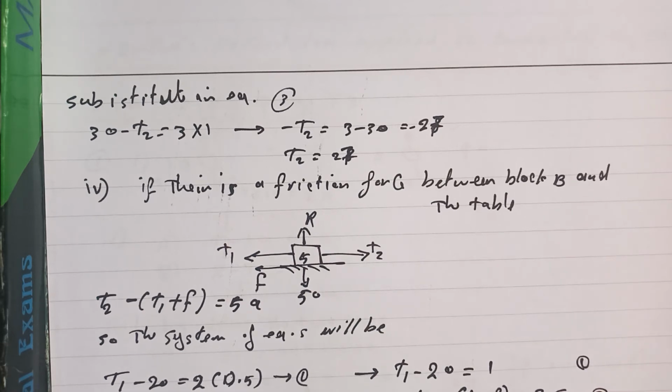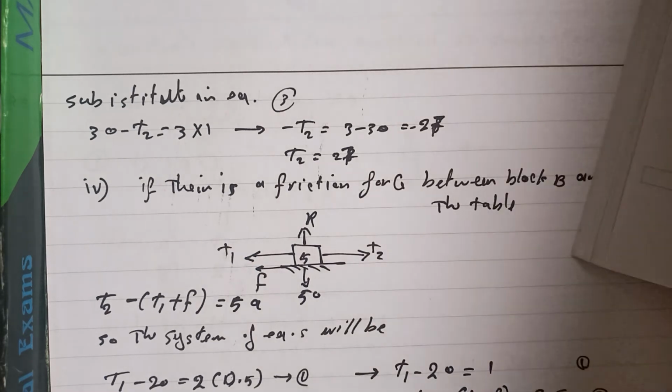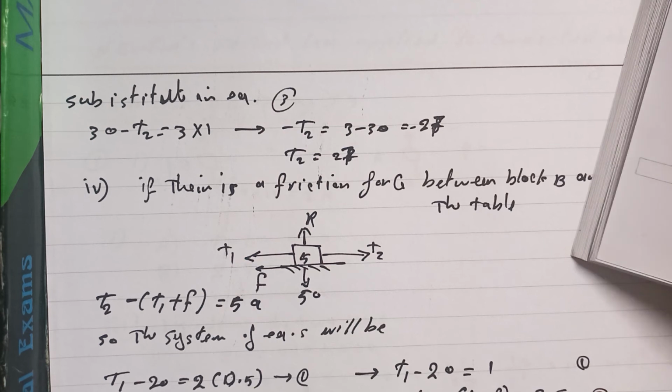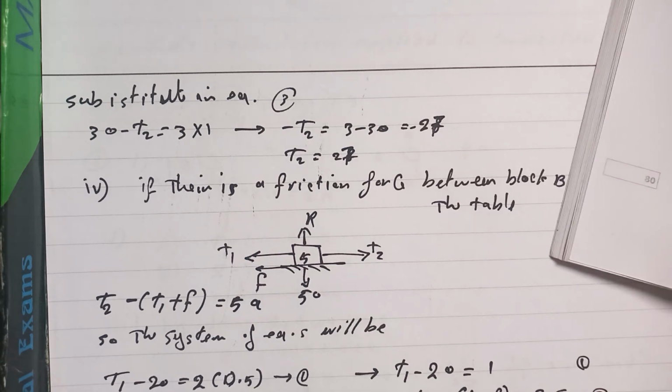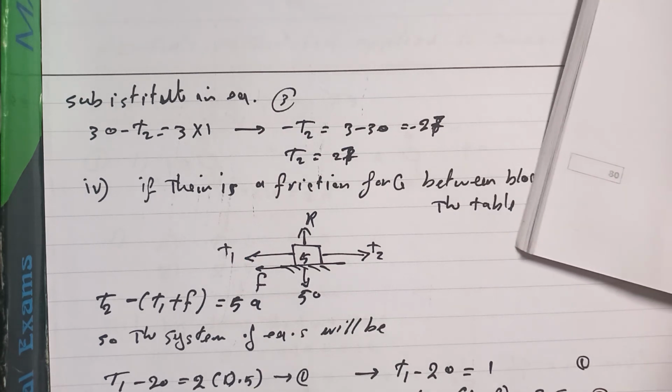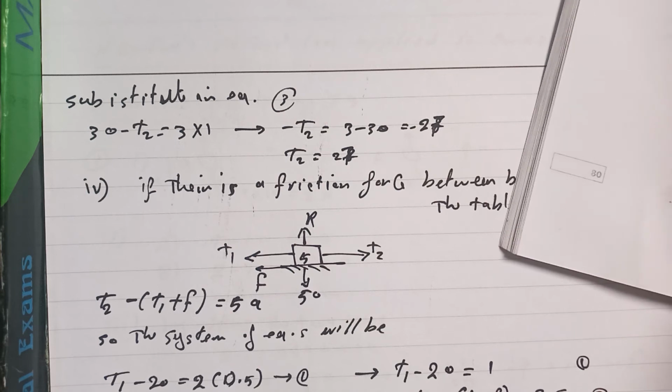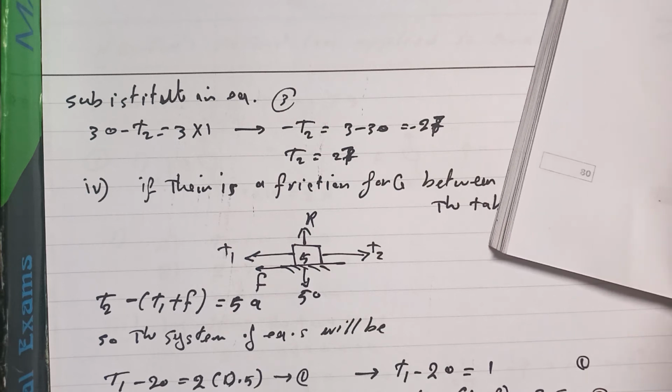The second part of this problem is saying to repeat part 1 and 2 including friction force on B and use your equations to find the friction force.